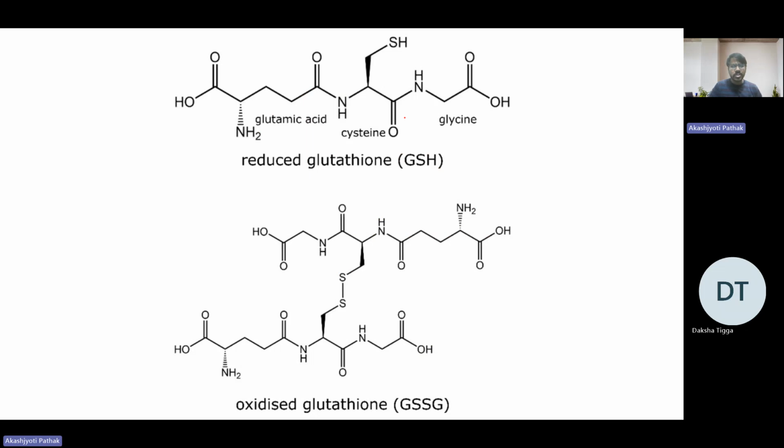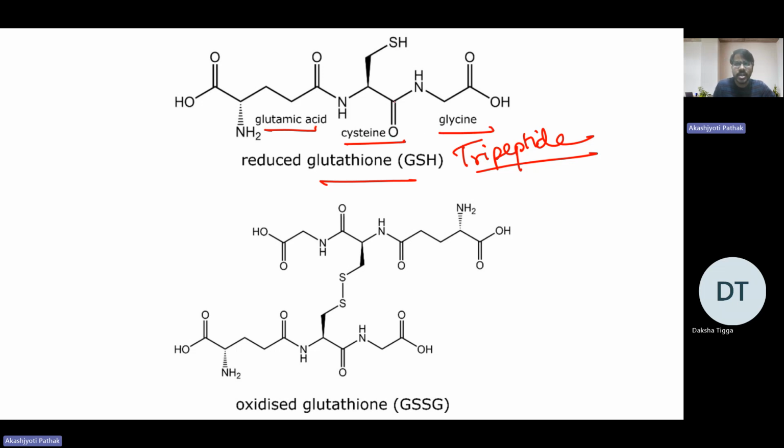So this is reduced glutathione. Remember this: it is a tripeptide, because it is made up of three amino acid residues. One is glutamic acid, one is cysteine, and another is glycine. Reduced glutathione will have an SH group, and your oxidized glutathione will have this structure.